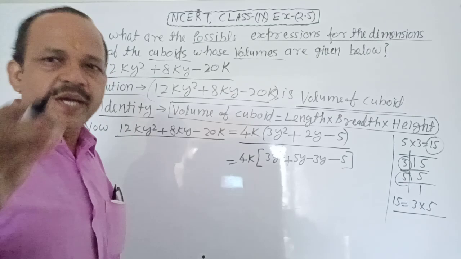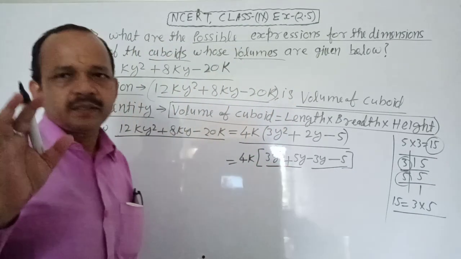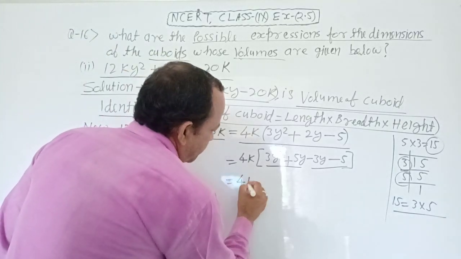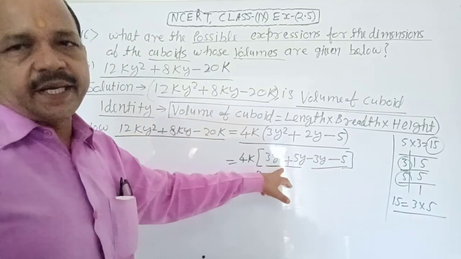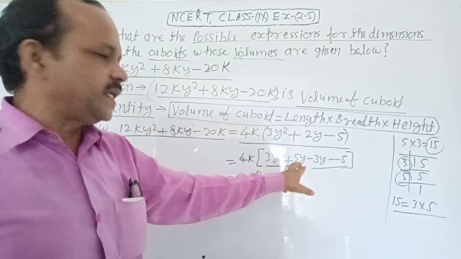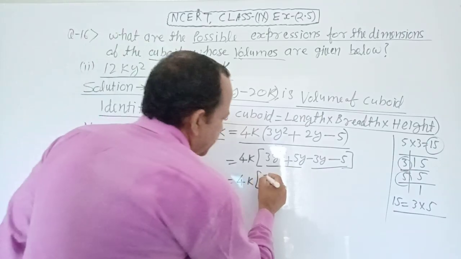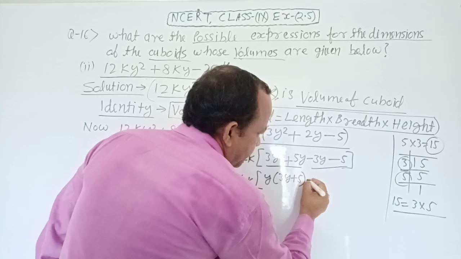Clear? Now you make two pairs, first pair and second pair. You take common 4k outside. In the first pair you can take y common, because here is 3y square and here 5y. So you can take y common: y times 3y plus 5.